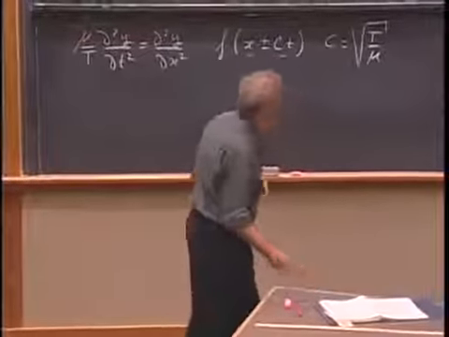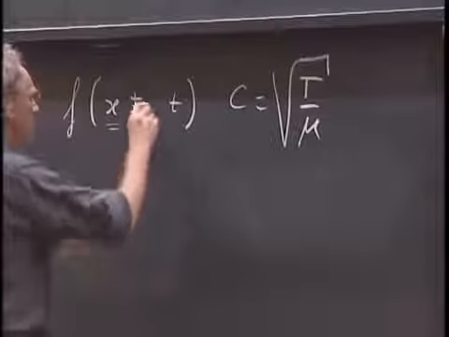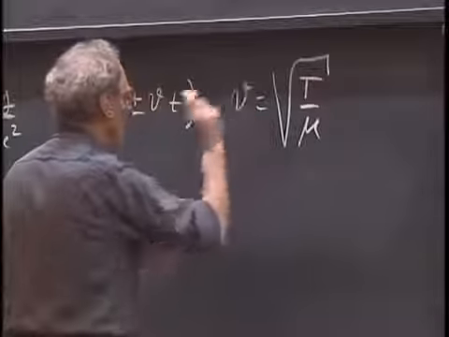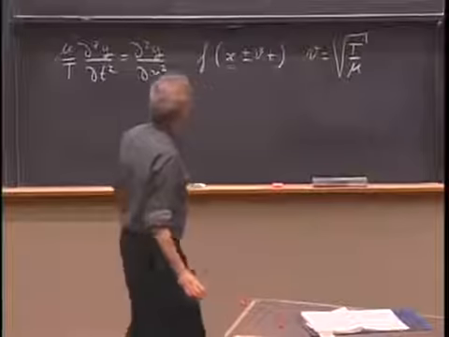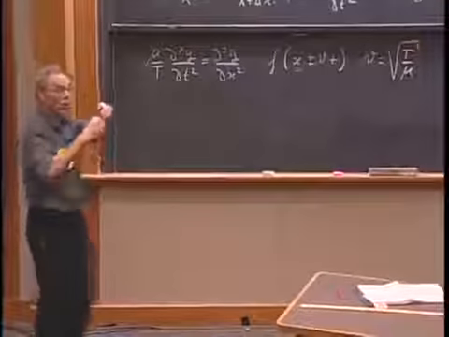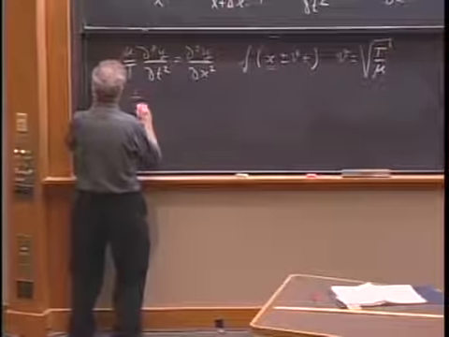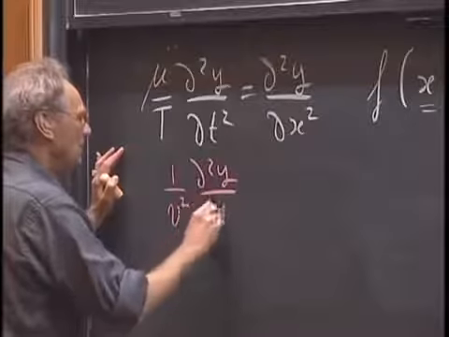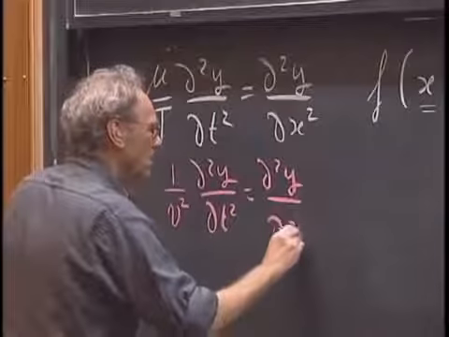So therefore, you might as well write this as plus or minus vt, and you might as well write v for here, a velocity, and we might as well change this differential equation in a more uniform way, which is what I'm going to do now: 1 over v squared times d2y/dt squared equals d2y/dx squared.